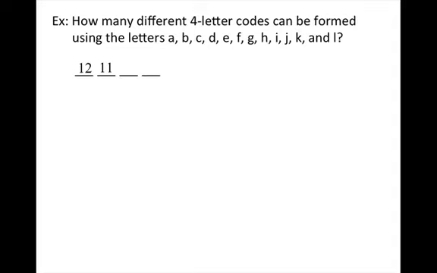So for the third position in my code, I have 10 options. And then for the final position of the code, I've used 3 of the 12 letters, so that leaves me 9 remaining options. If I apply the multiplication principle and multiply these, I get 11,880 different code combinations.